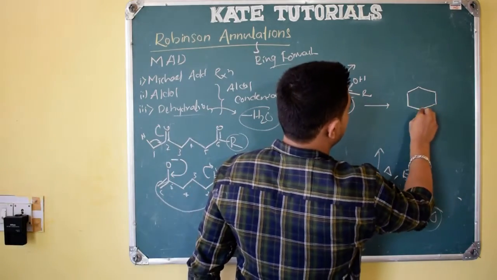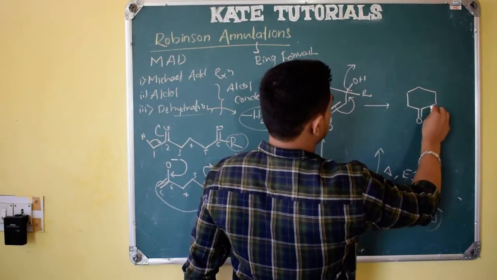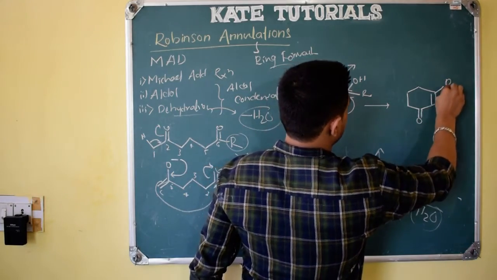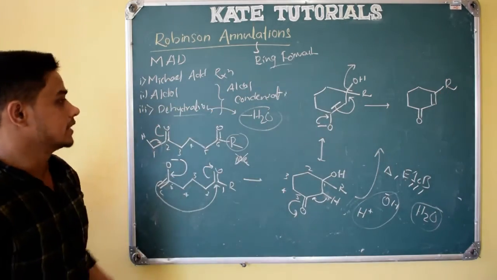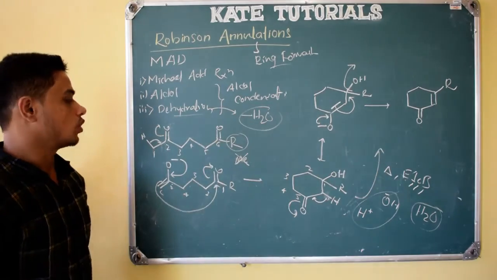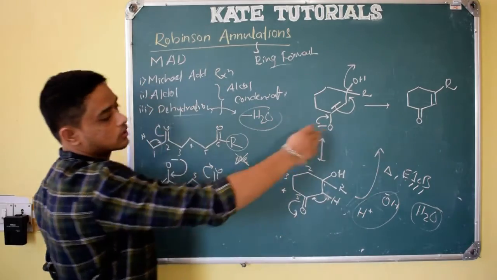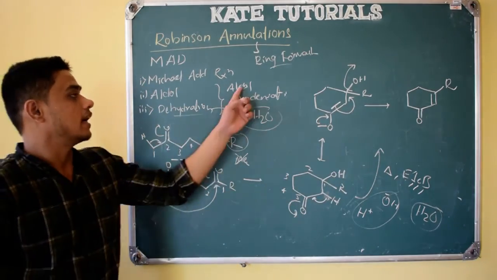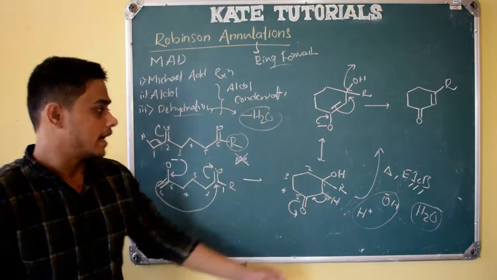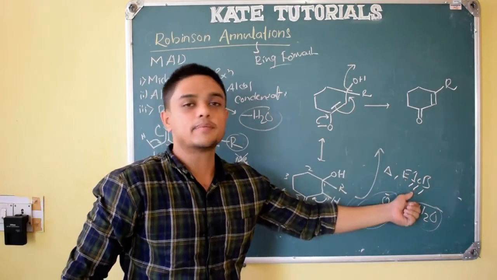So this is nothing but dehydration, right? This is aldol reaction, this is dehydration. So by combining both, we can say aldol condensation reaction, and this reaction is through E1CB mechanism.